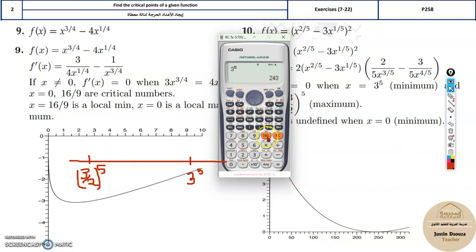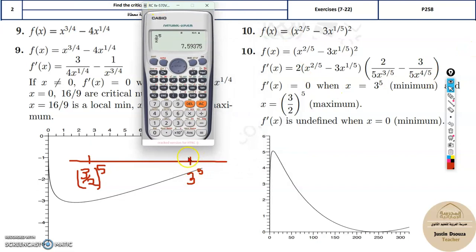And what about this? This is very small, 3 by 2, that's 1.5 to the power 5, that is 7.59. So we can take 8 and 0. So let us start. So this was 243. Let me take some middle value first.